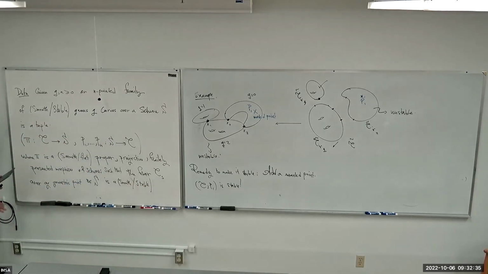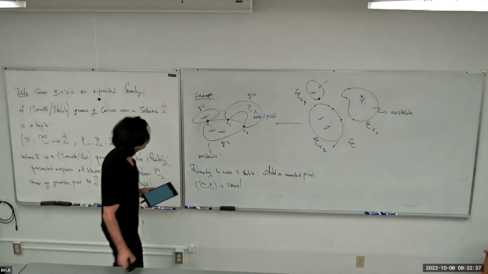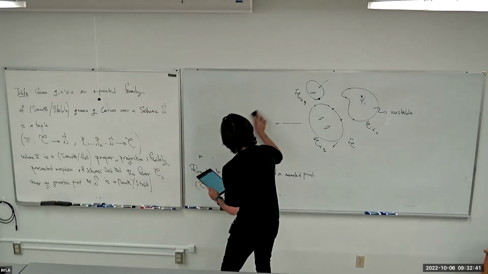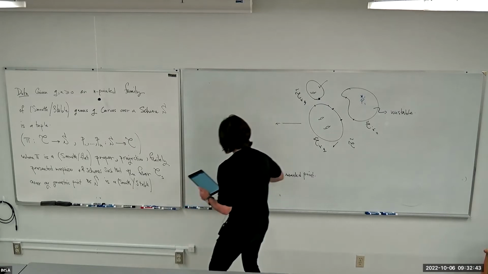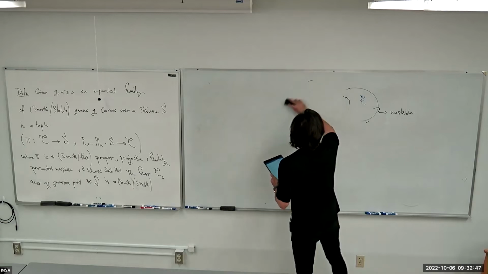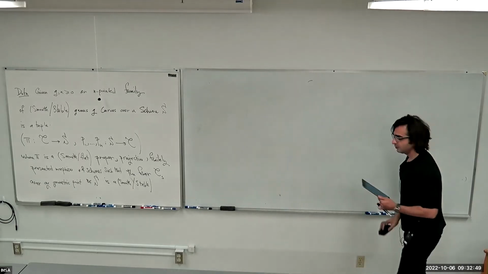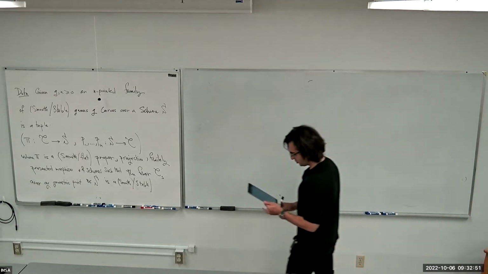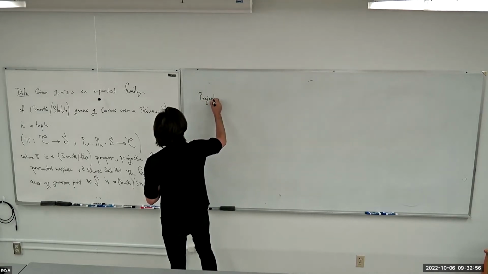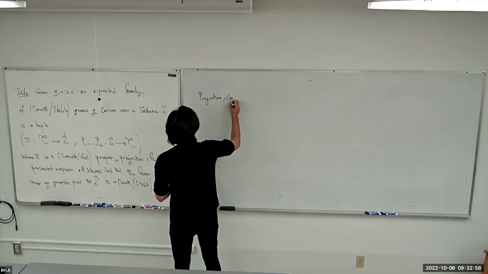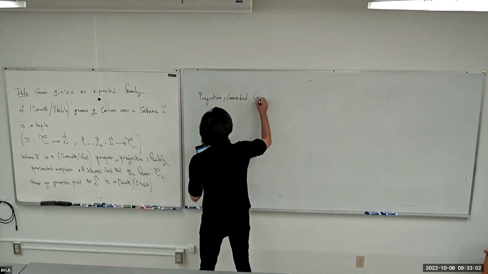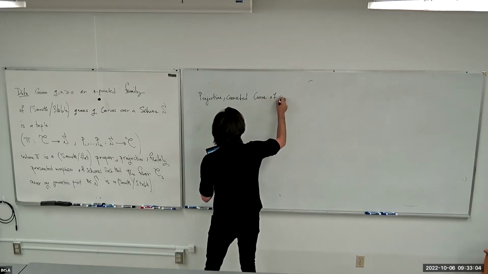It could be smooth, it could be stable. Smooth or stable, projective, connected curve of arithmetic genus g.